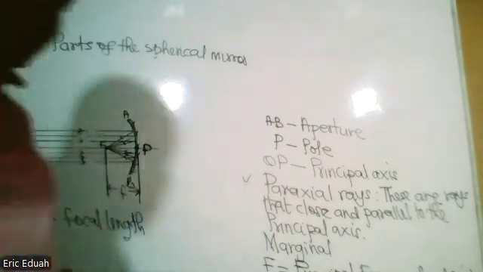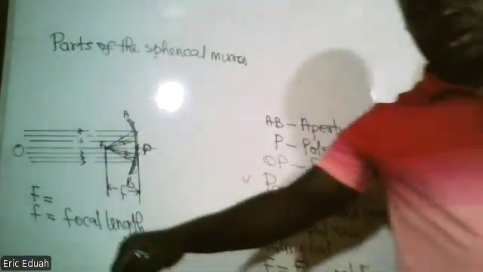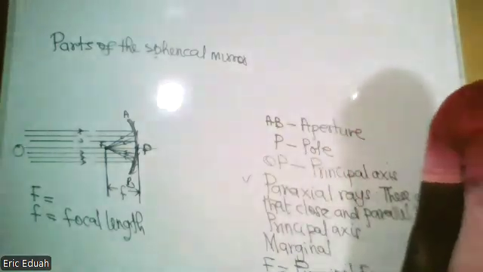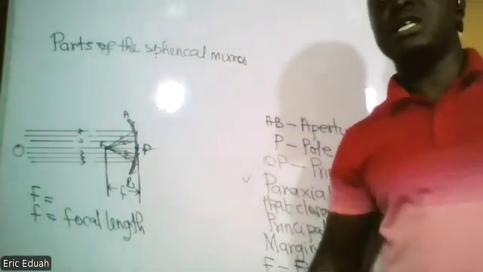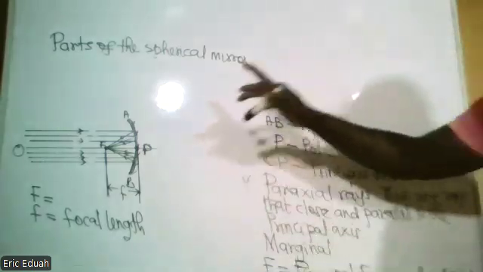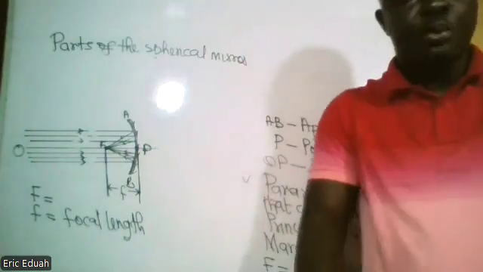So principal focus is a point on the principal axis where all paraxial rays converge after reflection. Then the focal length f is the distance between the pole of the mirror and the principal focus or the focal point.